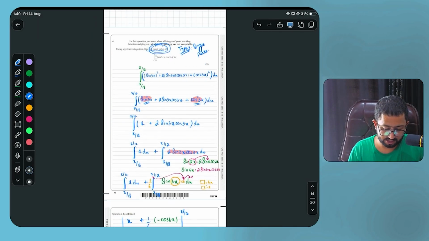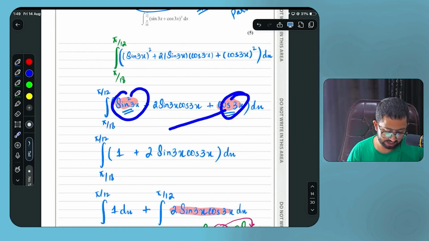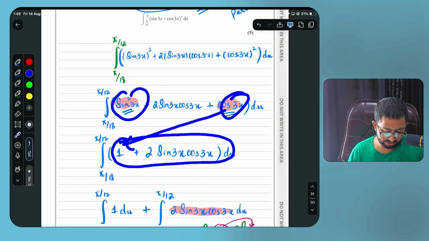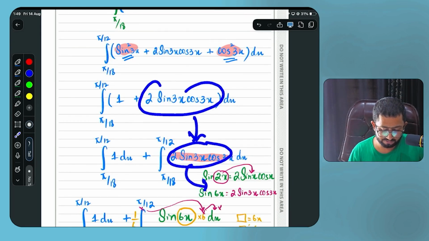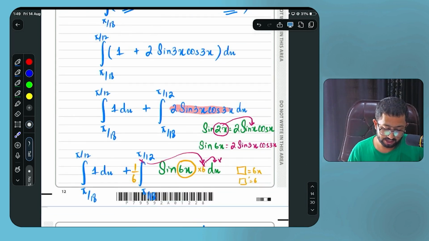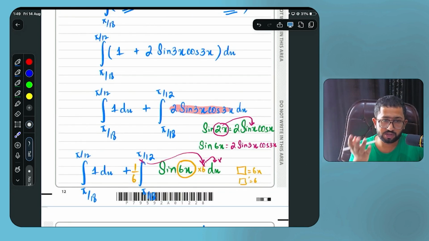Again, you can check. This question is very straightforward. Just open the (a plus b) whole square formula and you know that sine square plus cos square equals 1. And then this remaining term, I can't integrate directly. Again, you have to use the trigonometry formula. You should know the derivation of trigonometry formulas. I already told you in the notes, be careful.